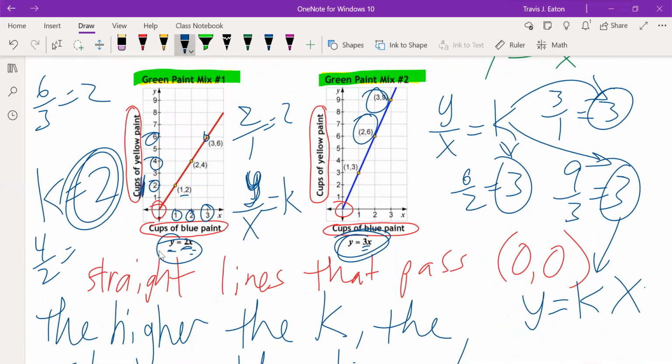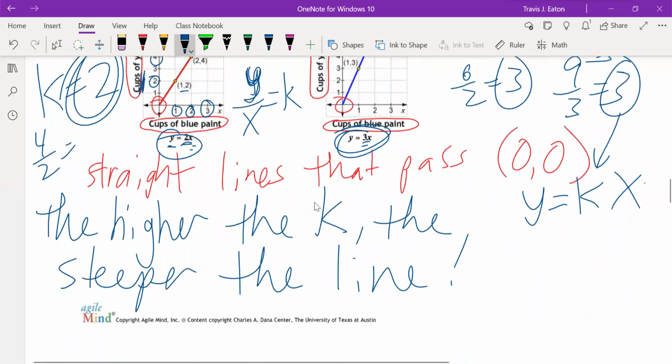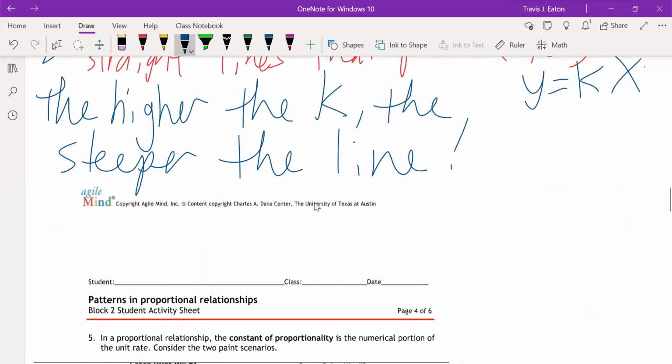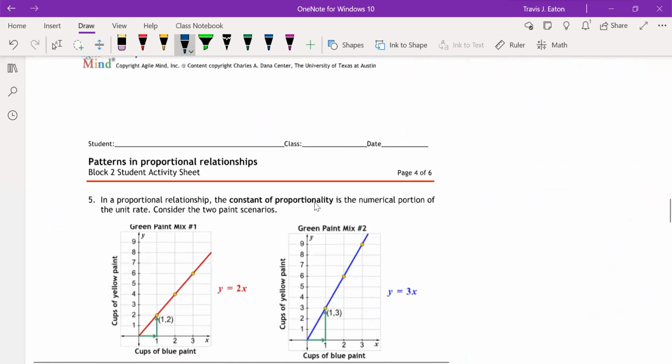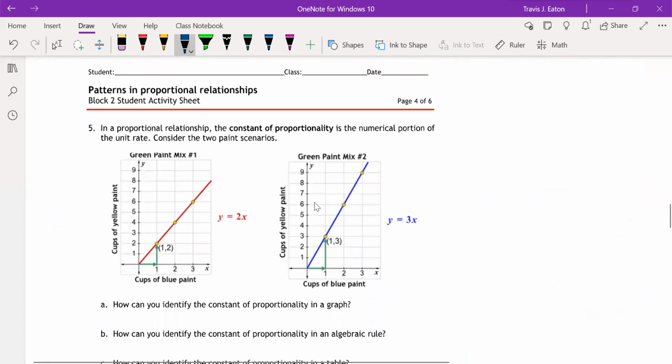The red line's constant of proportionality is 2. The blue line's is 3, which of course causes the higher the constant, the steeper the line. Okay, well let's move on then to question number 5 on page 70.